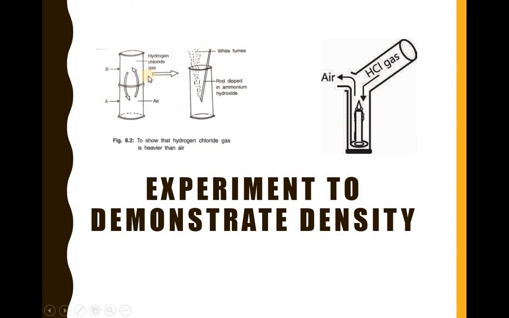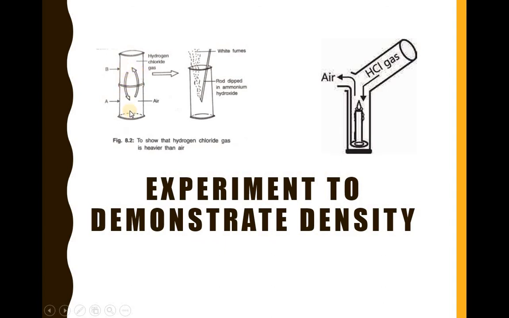Now here you can see, take 2 gas jars A and B. These 2 gas jars have been taken. A is filled with air and B is filled with hydrogen chloride gas. Invert B over A as shown. So there will be a transfer of gas.